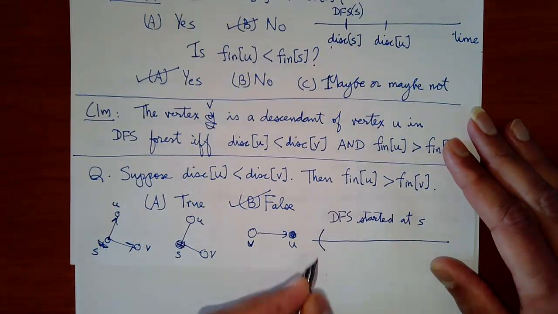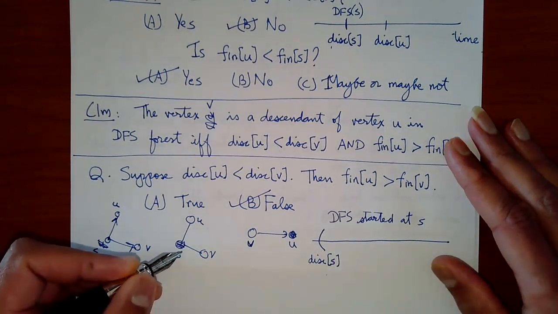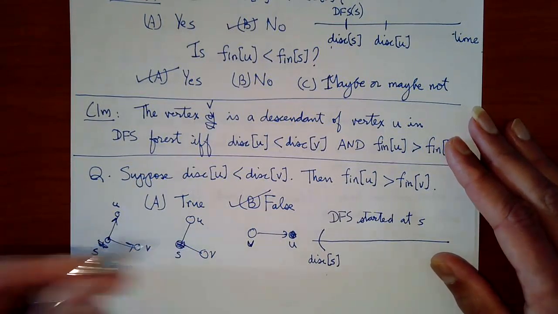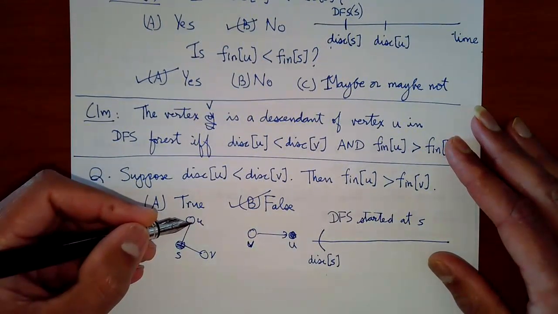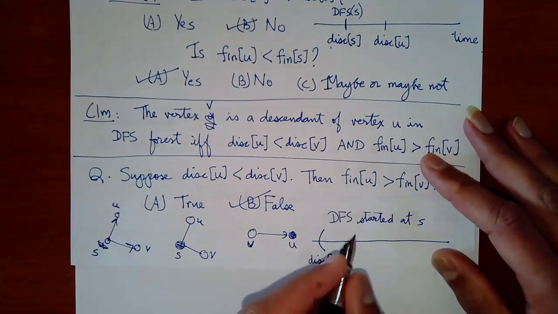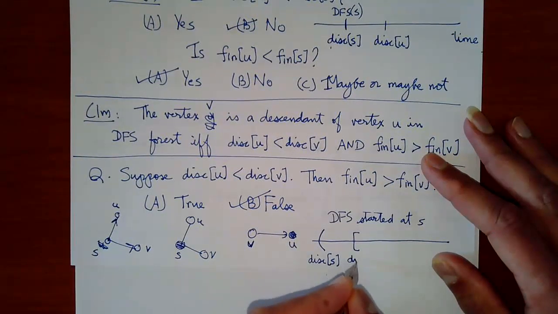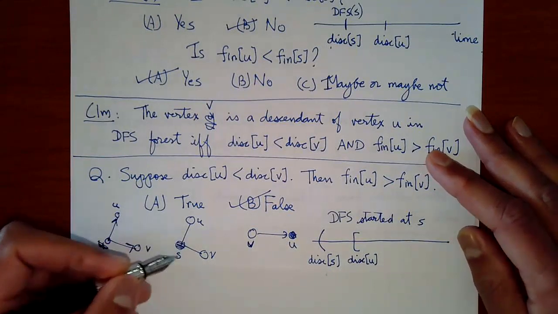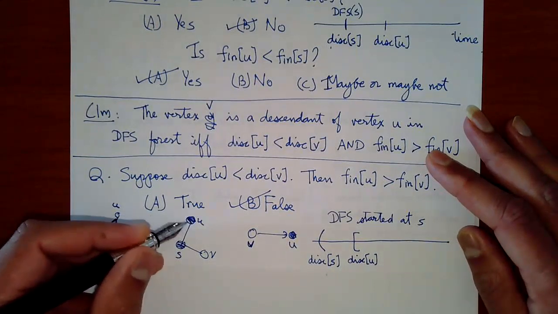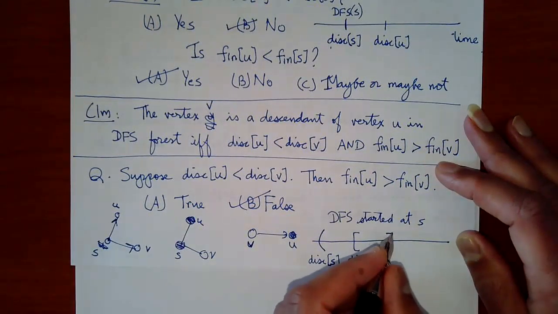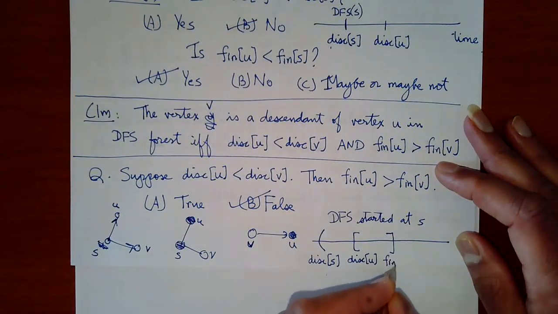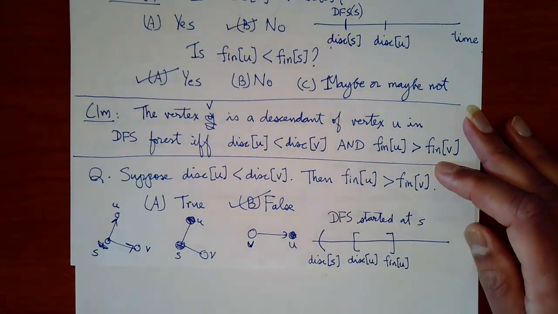This is the discovery of S. Now at this point, it's going to choose between the neighbors, because it has to visit one of them. So let's say it visits U first. This will be the discovery of U. Now U doesn't have any unvisited neighbors, so U is going to immediately terminate, and this is the finish of U.